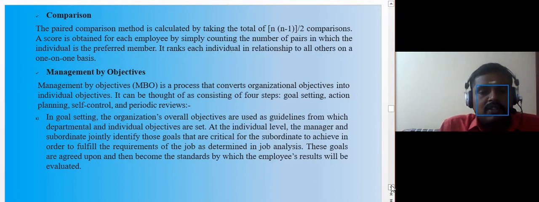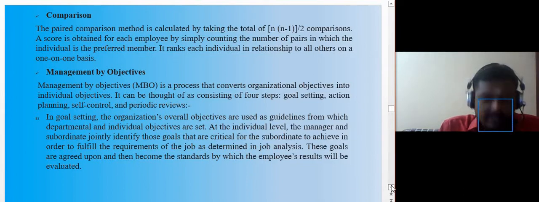At the individual level, the manager and the subordinate jointly identify those goals that are critical for the subordinate to achieve in order to fulfill the requirements of the job as determined in job analysis. These goals are agreed upon and then become the standards by which the employee's results will be evaluated.